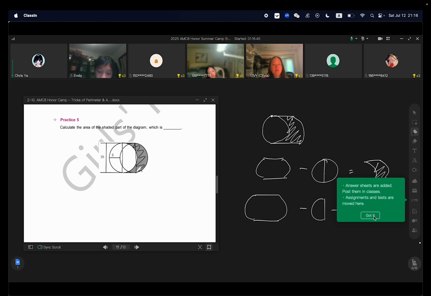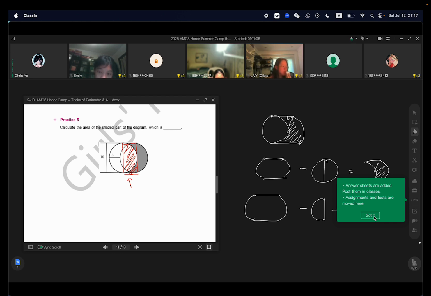So that means the area of the shaded part is going to be the same as the area of this part. I'm going to highlight it in red just so you guys can see better. So we just have to find out what the area of this is.